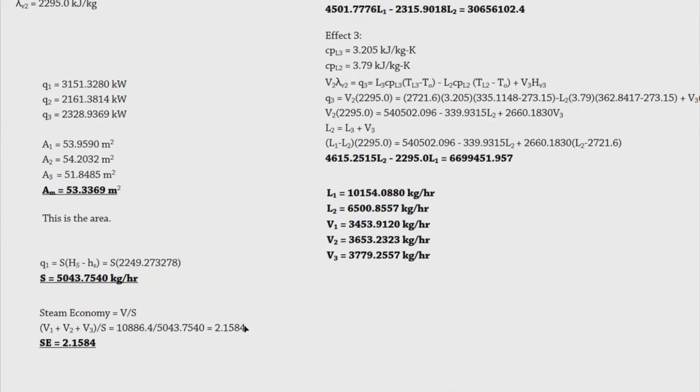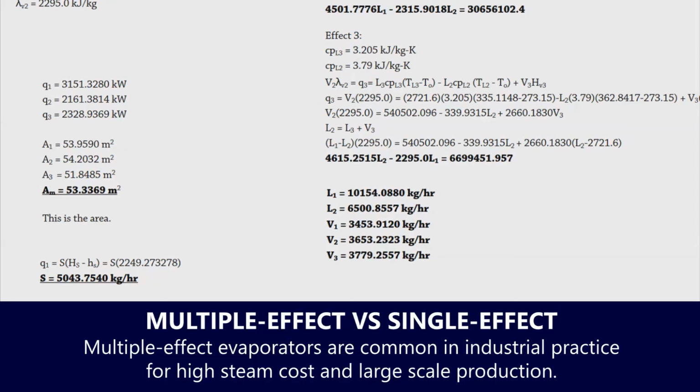Okay, and the reason why multiple effect is always a better choice in economy is that steam is very expensive, especially the steam used in large scale industries. Instead of a single effect, they would use multiple effects, because the cost of the steam is really that high.